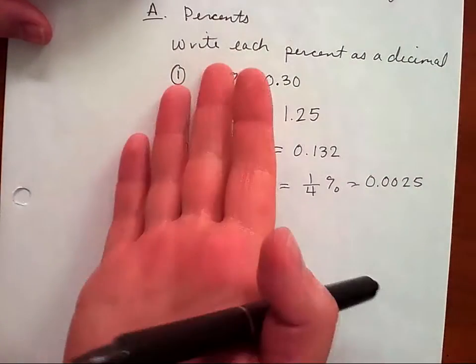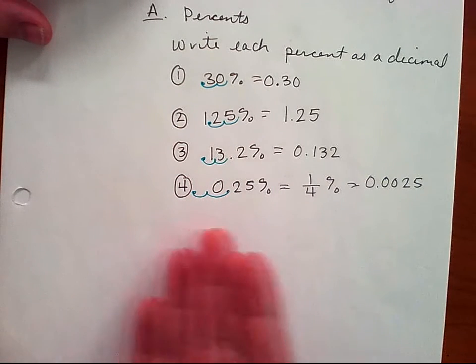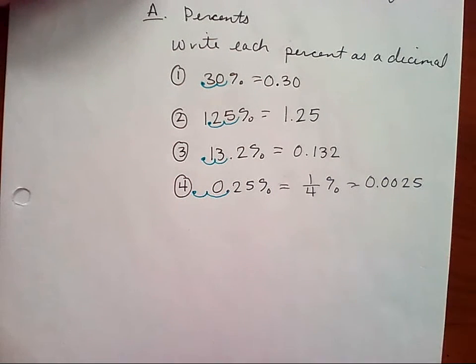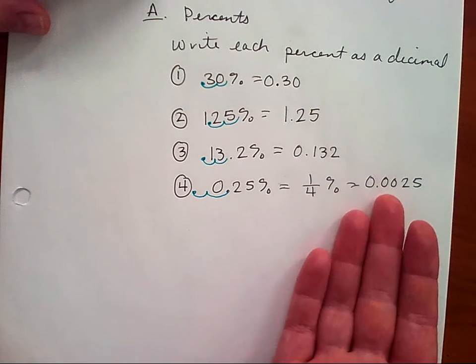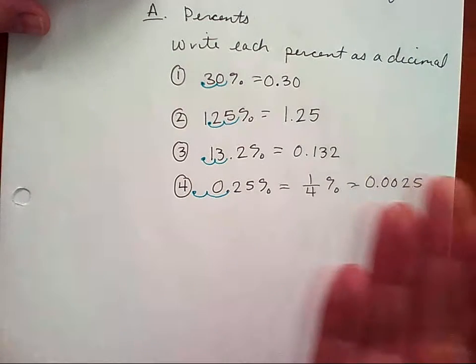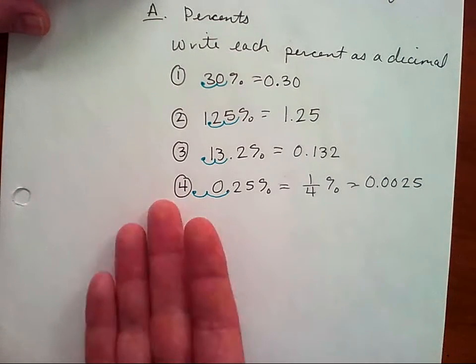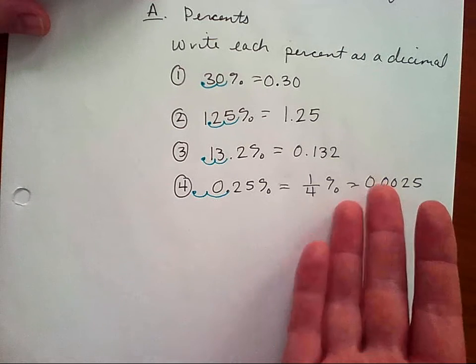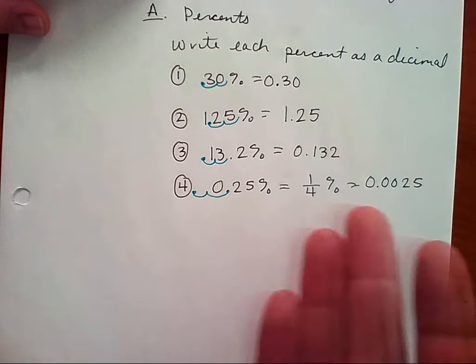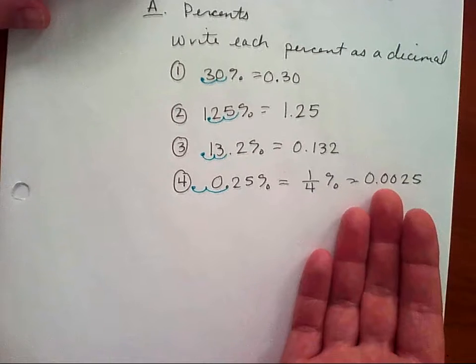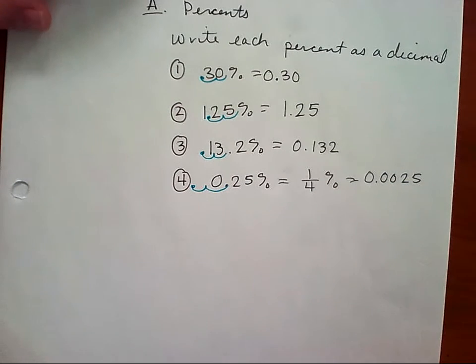Okay, so do you guys feel comfortable changing percents to decimals? In the business department, they say people cannot do this. We did 4 examples. Can you do this? Do I need to do more examples? No. If what? 1/4 would be 25%.